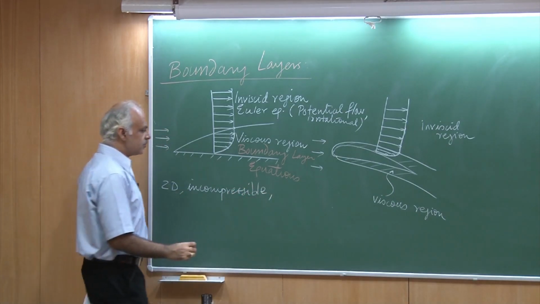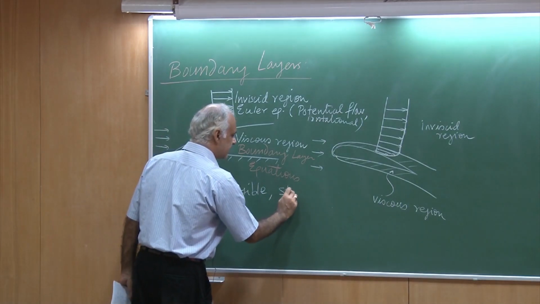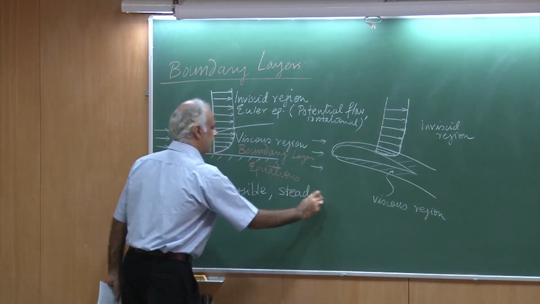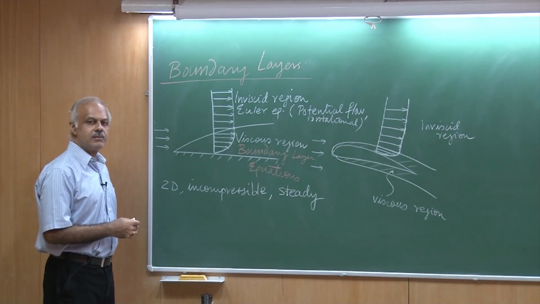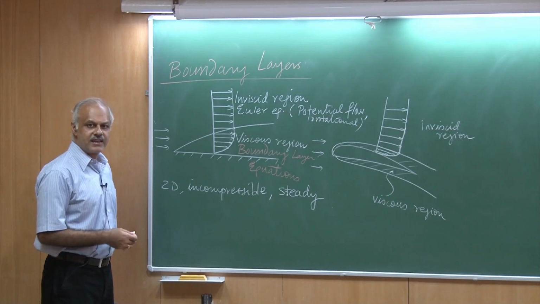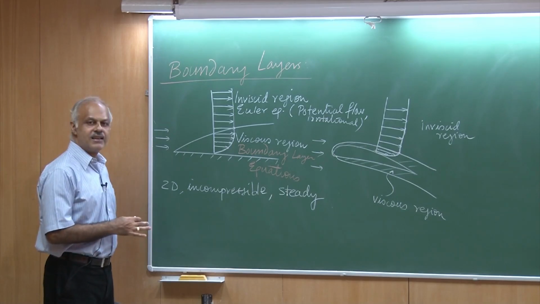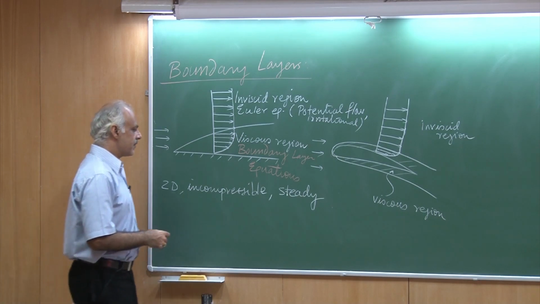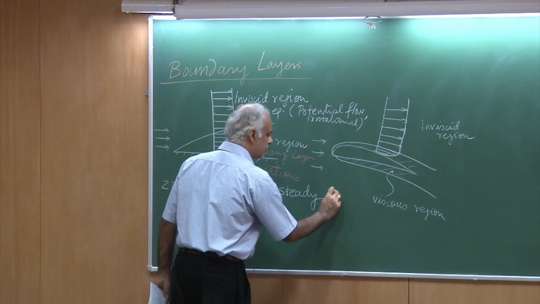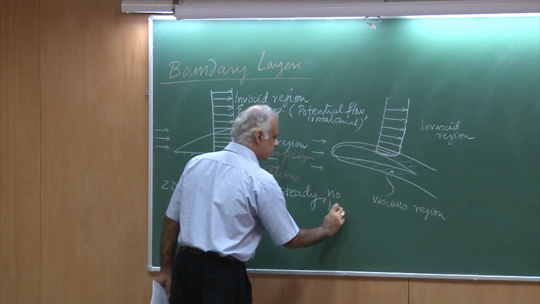We will also assume that the flow is steady. All these assumptions can be relaxed, but then the equations will become slightly more complicated at each step. So we want to avoid that and look at the most basic analysis. Okay. And we are also going to assume no body forces.